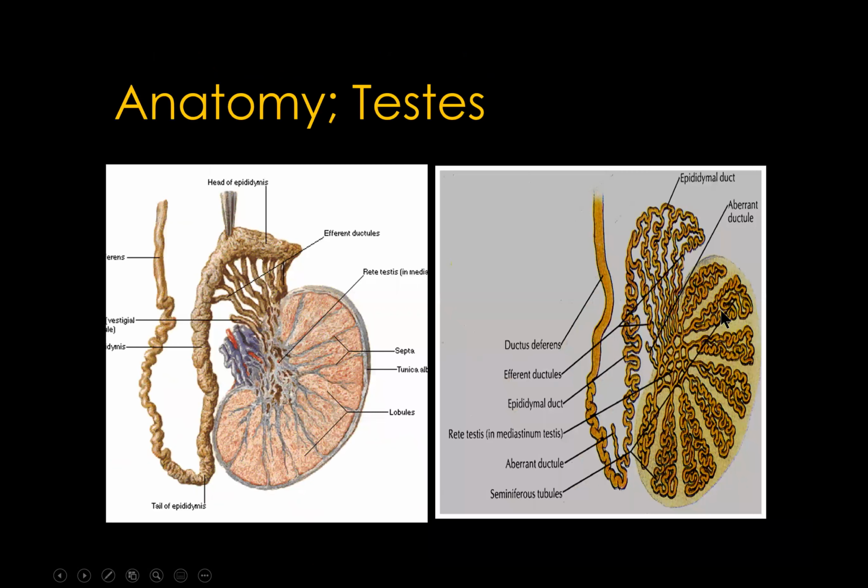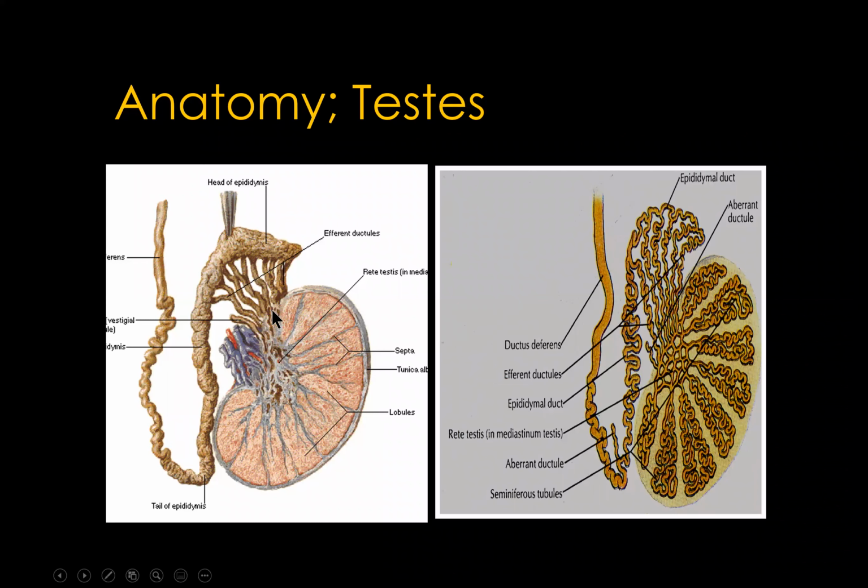These septa converge posteriorly to form the area of the mediastinum. The lobules contain what are called seminiferous tubules. The seminiferous tubules converge posteriorly to form a network. This network of channels is called the rete testis. The rete testis is located within the fibrous mediastinum of the testis.